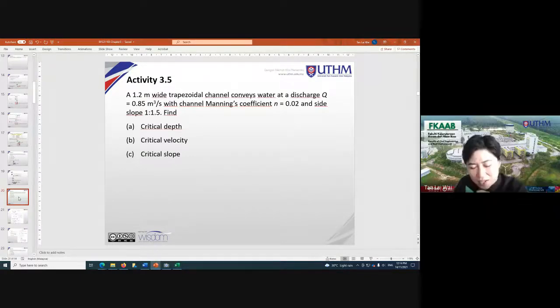No. Okay, if no, then can I ask Fatin or Aina to help me find critical depth? Fatin, are you there? Yes. Okay, that is your task. And then can I have Abu Hafizuddin? Abu, are you there? Yes. Help me solve for critical velocity. And then can I have Fauzan?